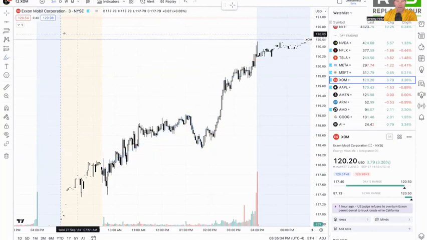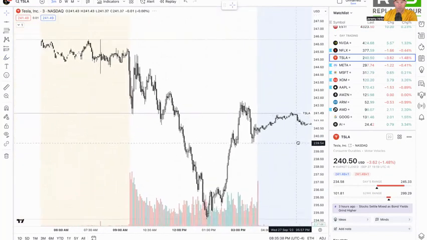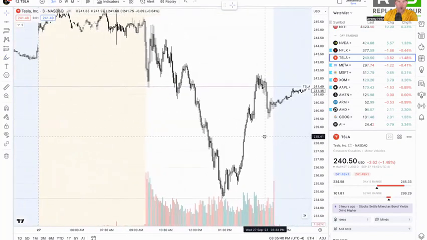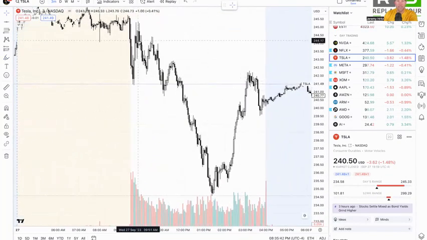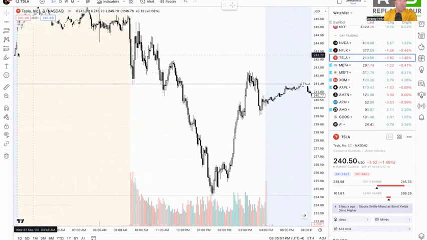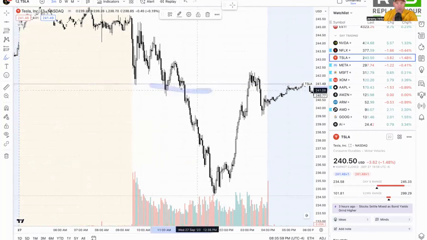Let's look at Tesla from today. All right, here's Tesla. Overall, the trend on Tesla today, bullish or bearish? Bearish, yep. And I took this trade today. I got in, where did I get in? I think it was somewhere right around here.